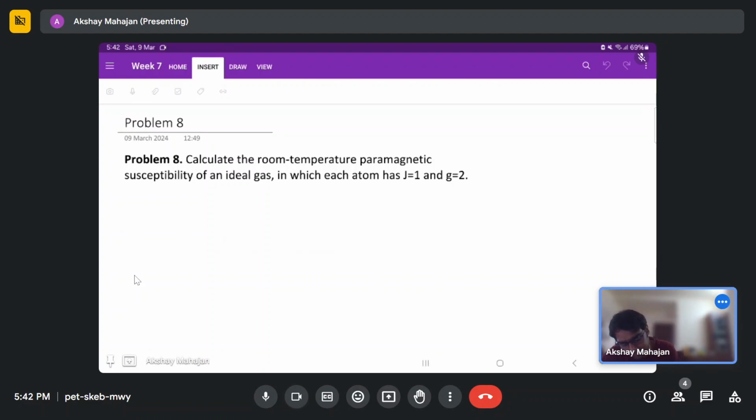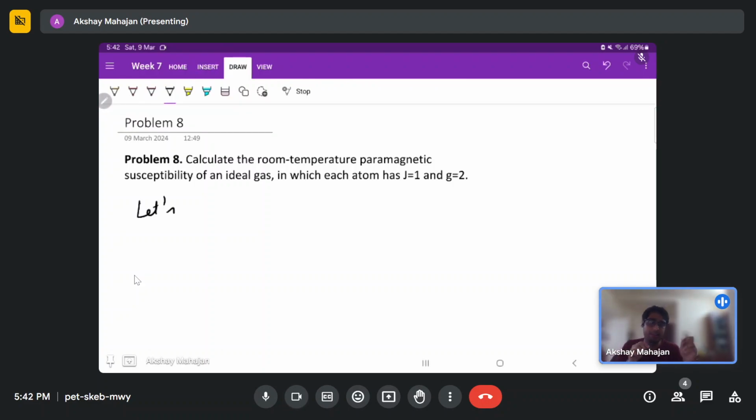Earlier we found these susceptibilities in CGS units, so there was some centimeter cube per mole or something. Now if we solve these problems using the constants in SI units, then the susceptibility will be unitless. Okay, so let's work in SI units now.